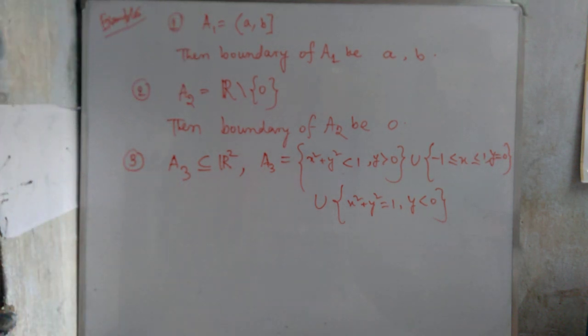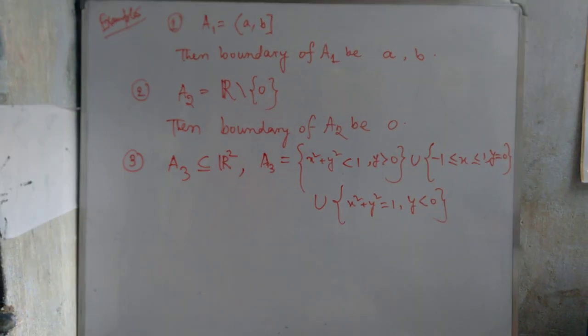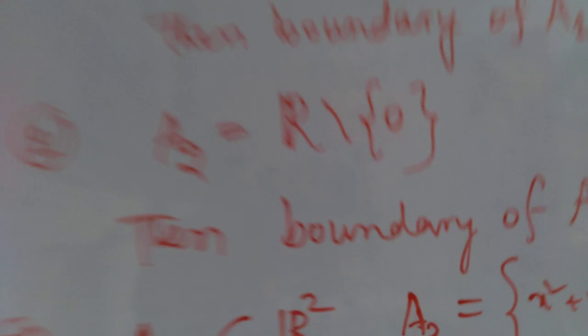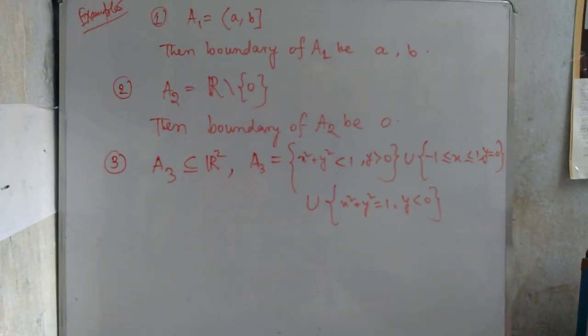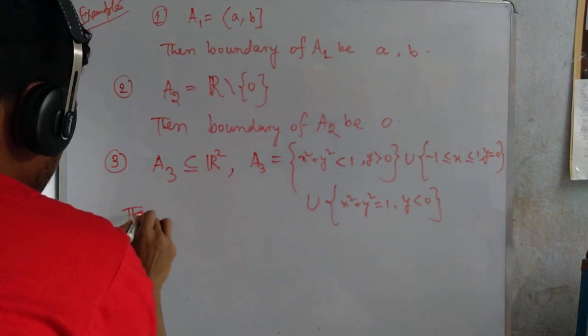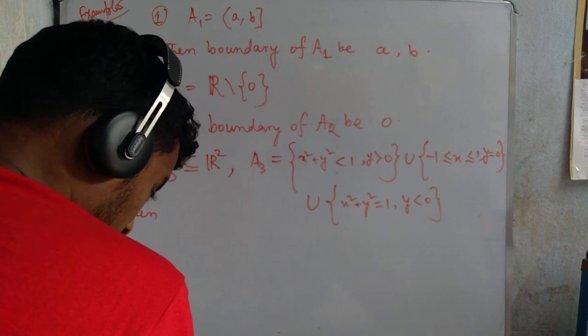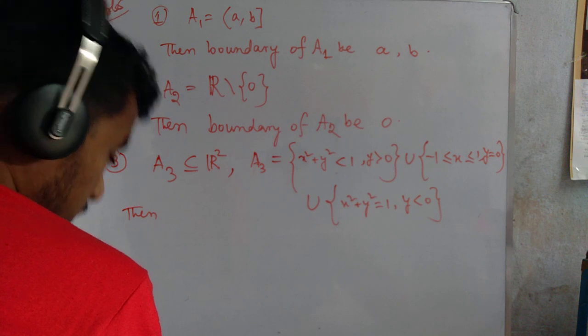Then what happens? What is the set of boundary points of A3?